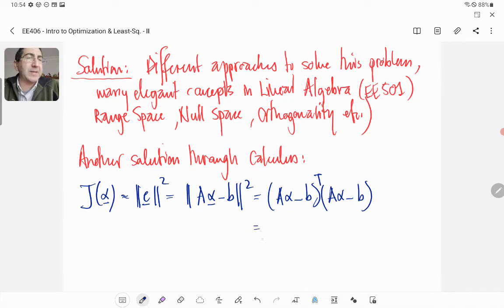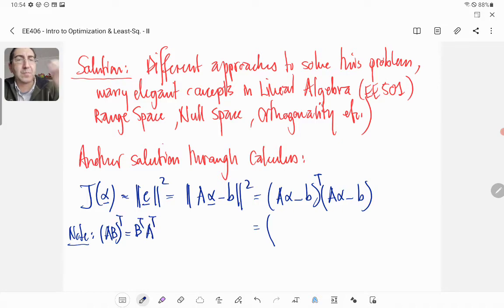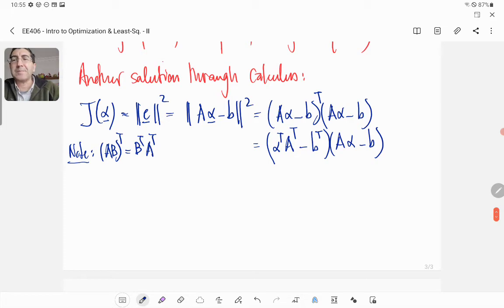So we can expand this. Note, if you have two matrices A, B transpose, it is equal to B transpose A transpose. So when I take the transpose of the inside, what I have is alpha transpose A transpose minus B transpose, times A alpha minus B. Let's expand this.